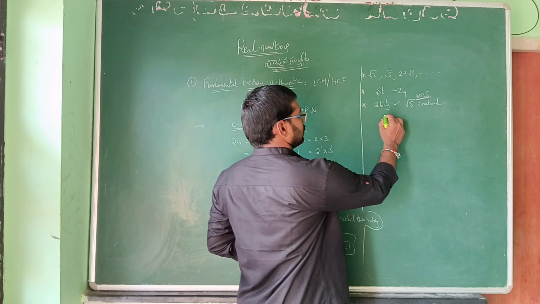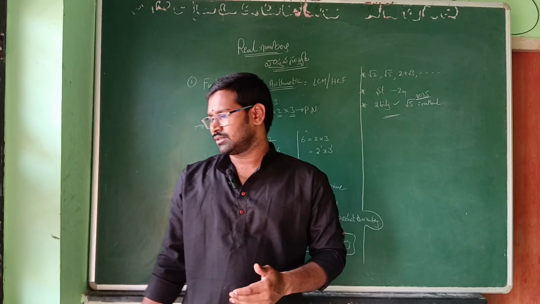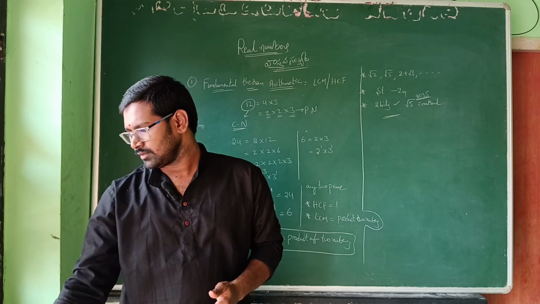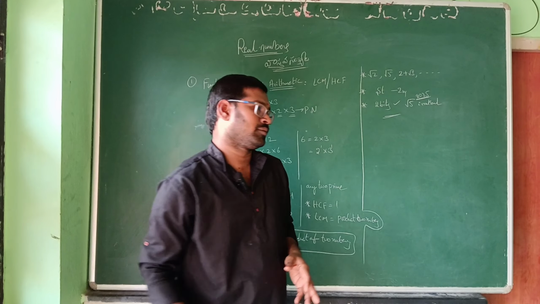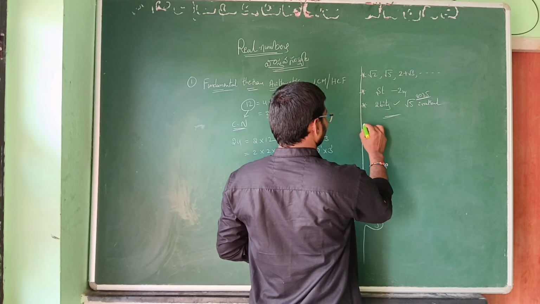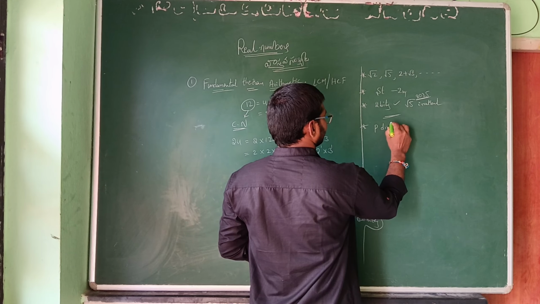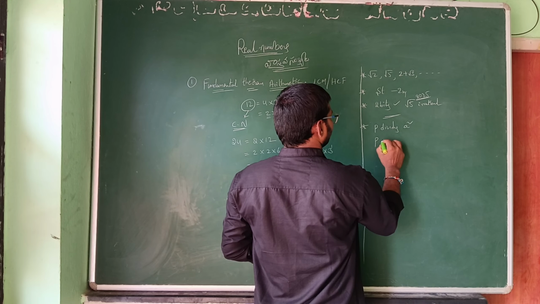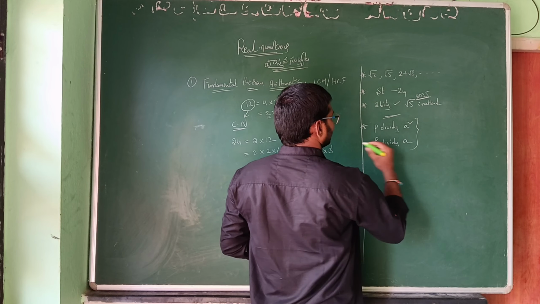Okay? Now don't skip the video, please continue to watch. One more theorem is there, which is useful for irrational numbers. If p divides a square, then p divides a.